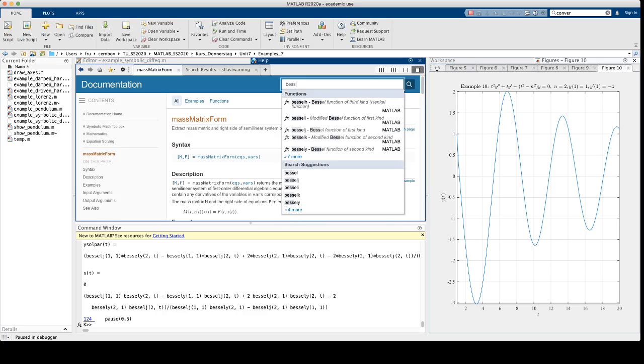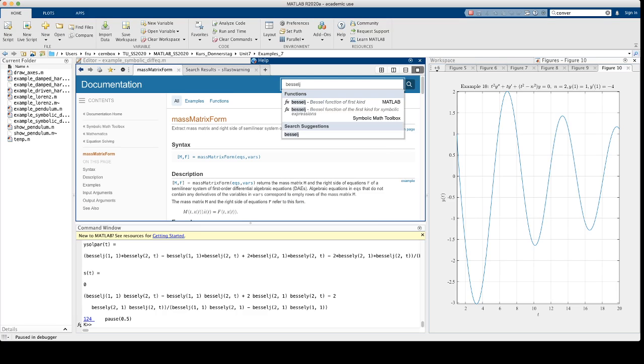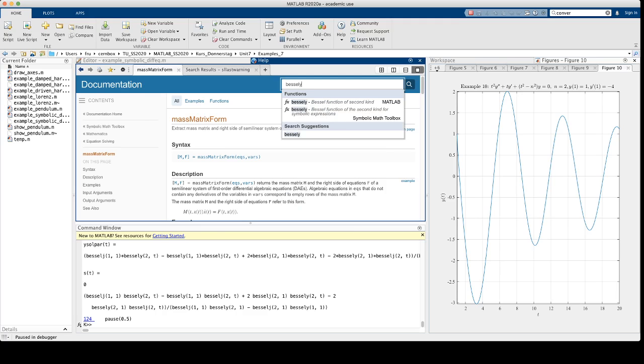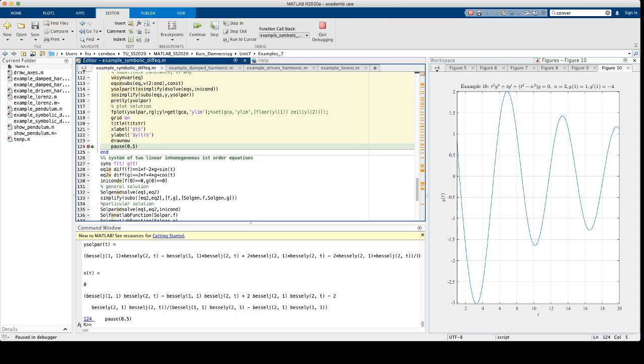So Bessel J is a Bessel function of the first kind, and Bessel Y is the Bessel function of the second kind. In the figure window number 10, you see a particular solution of Bessel's equation for n equals 2.